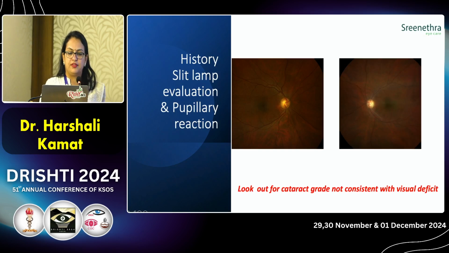All these ancillary investigations cannot replace the history and slit lamp evaluation. For example, in this case, a missed RAPD led to an extremely unsatisfied patient in the postoperative period. So the key is to look out for cataract grade that is not consistent with the patient's visual complaints.